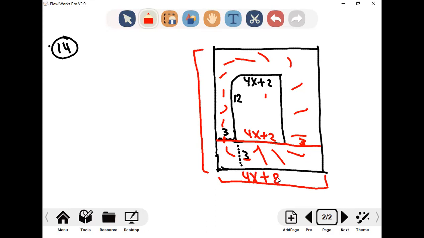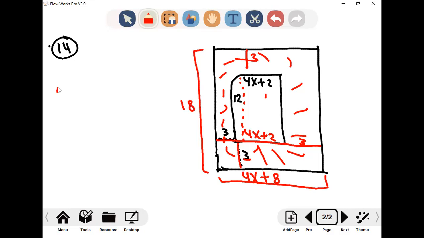Now the whole width. This is 3, this 3, and this 12. So we have 3 plus 12 plus 3, which is 18 feet, right? Now let's find the sidewalk area.